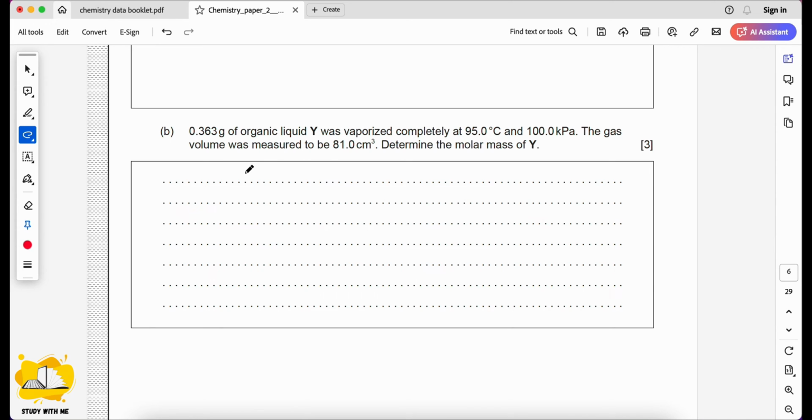Okay, so 0.363 gram of organic liquid Y was vaporized completely at 95 degrees Celsius and 100 kilopascal. The gas volume was measured to be 81 centimeter cube. Determine the molar mass of Y. So it's PV equals nRT, and n is m divided by Mr, so PV equals mRT over Mr. If we rewrite the equation, Mr will be m times R times T divided by PV.